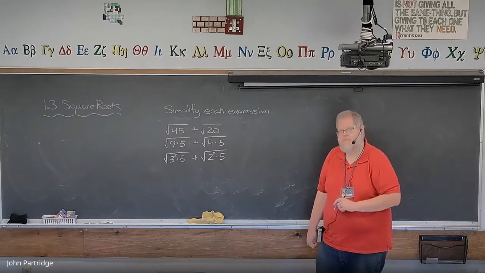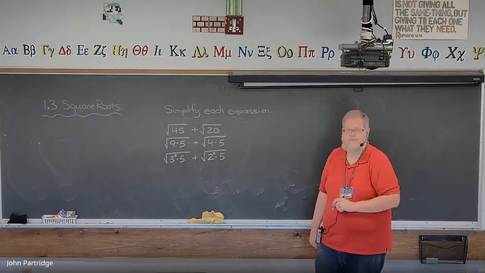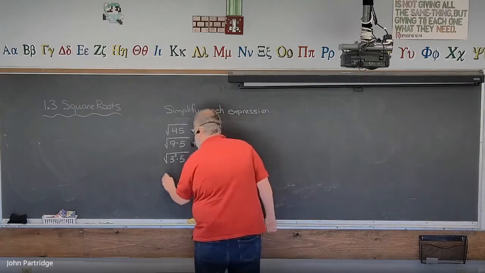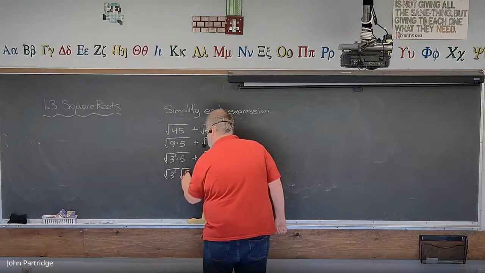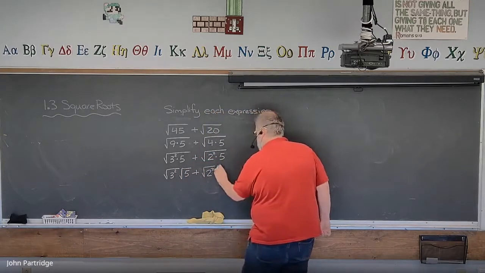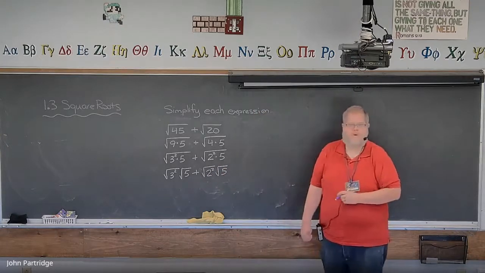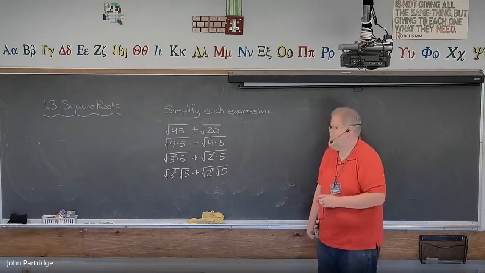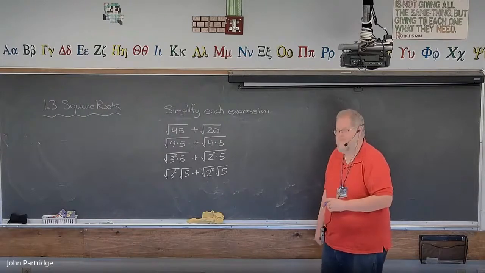Square root of 3 squared times 5 plus the square root of 2 squared times 5. The square root of 3 squared times the square root of 5 plus the square root of 2 squared times the square root of 5.